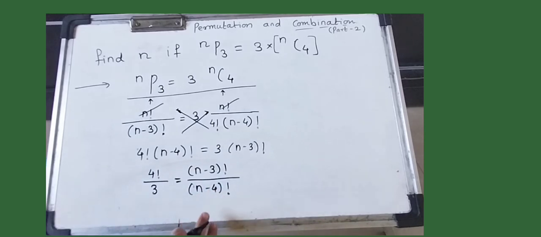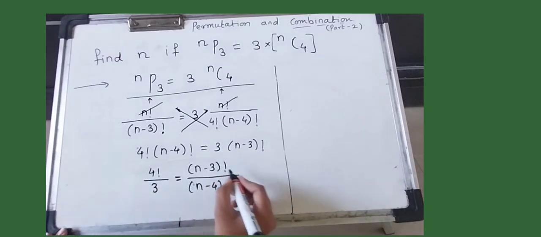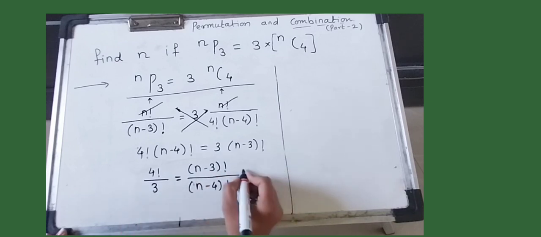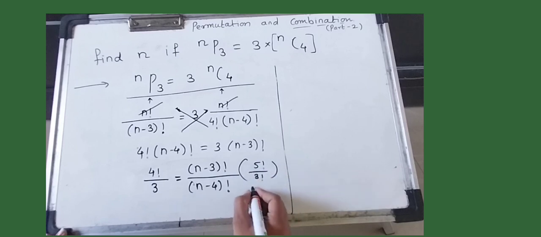Now, see. See, this is the large number. If I write down here 5 factorial upon 3 factorial, how to solve this? 5 into 4 into 3 means I subtract 1, write down 4.